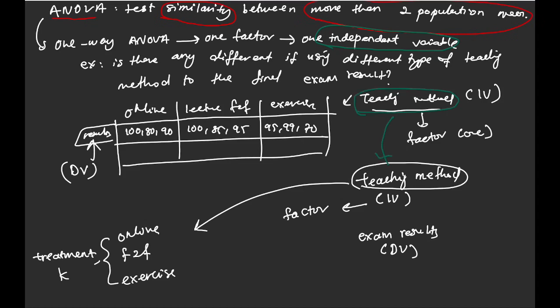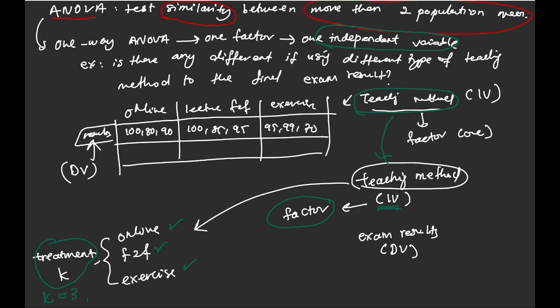What is your factor? The factor is also teaching method. Then, what is your treatment? Treatment comes from the independent variable, the factors. So you have 1, 2, 3: there are 3 treatments, K equals 3. You need to understand this one.